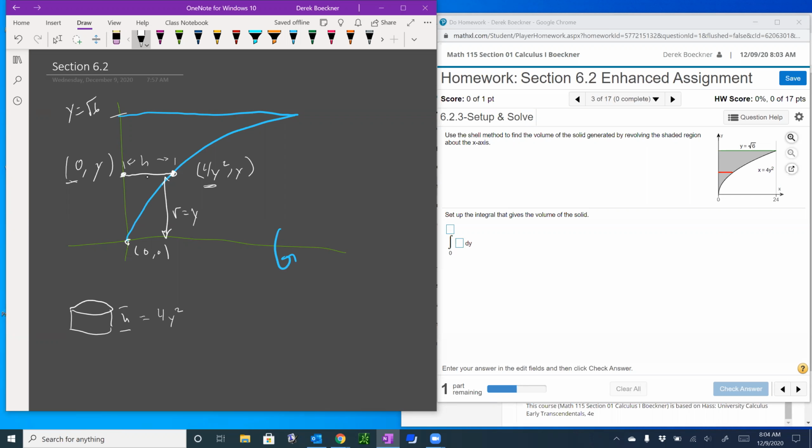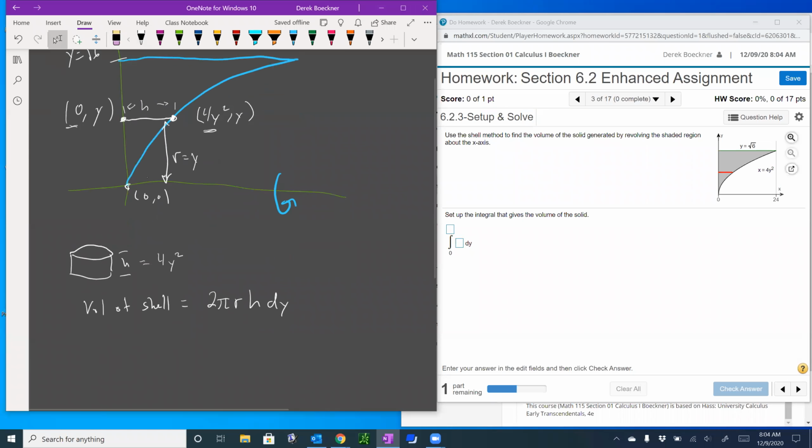And so the volume of one of these shells is 2 pi r h, and then dy, because these stack up in the y direction. So that's 2 pi times y times 4y squared dy.